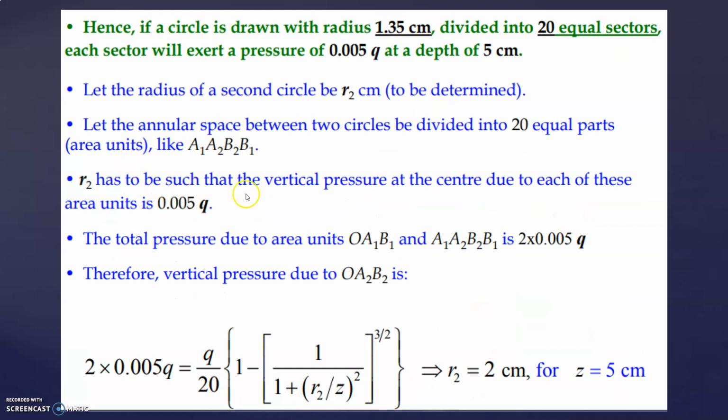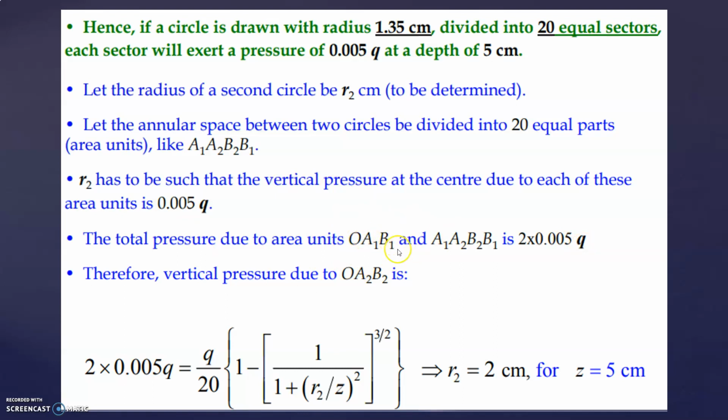R2 has to be such that the vertical pressure at the center due to each of these area units is 0.005 Q. The total pressure due to area units OA1B1 and A1A2B2B1 is 2 times 0.005 Q, because we have considered two sectors.